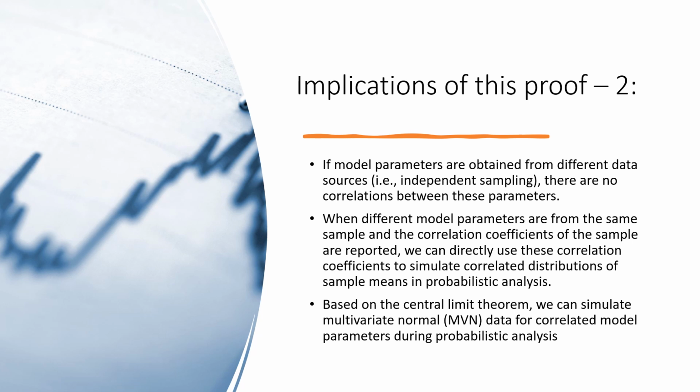When different model parameters are from the same sample and the correlation coefficients of the sample are reported, we can directly use these correlation coefficients to simulate correlated distributions of sample means in probabilistic analysis. Based on the central limit theorem, we can simulate multivariate normal data for correlated model parameters during probabilistic analysis.